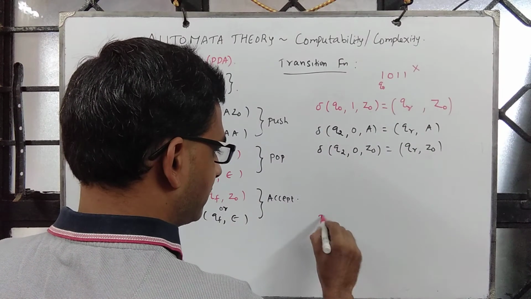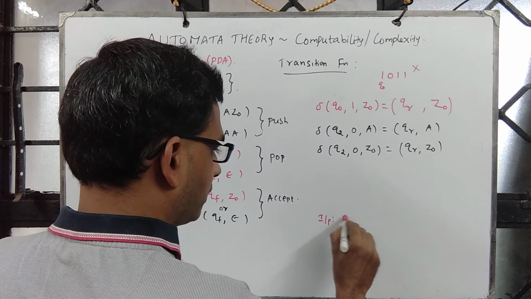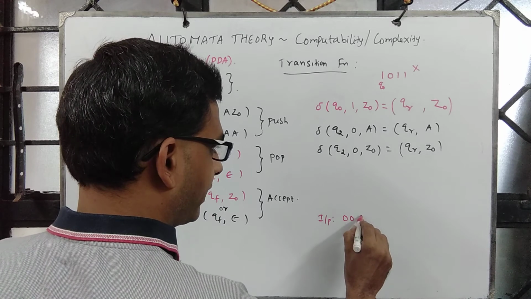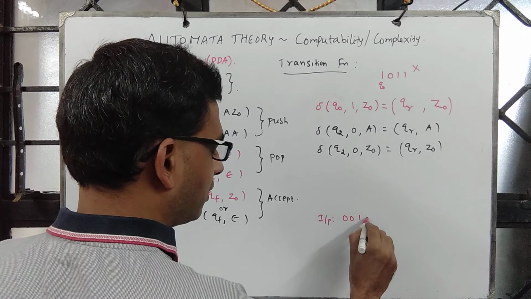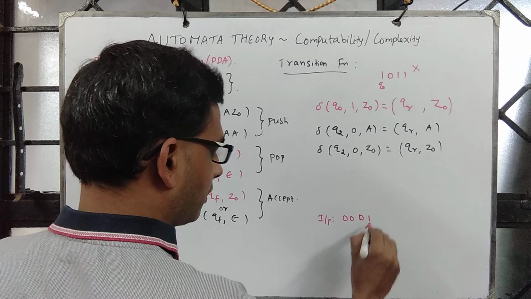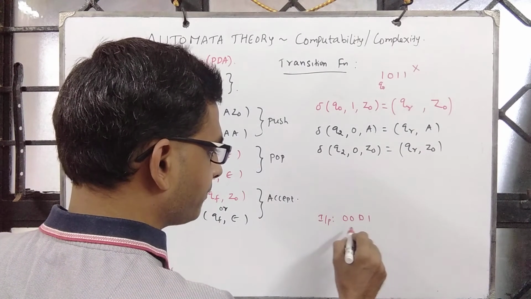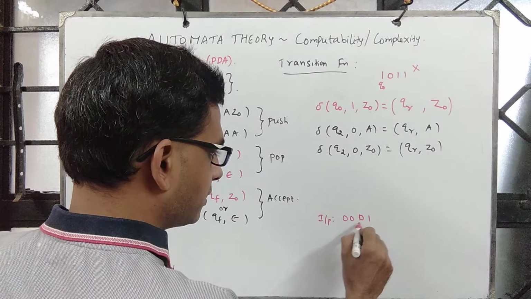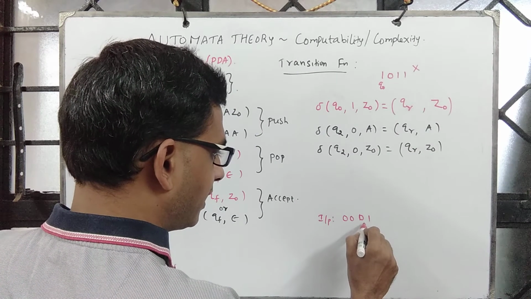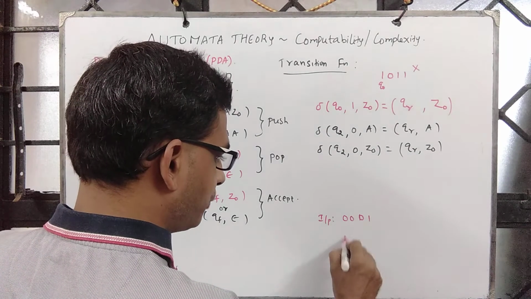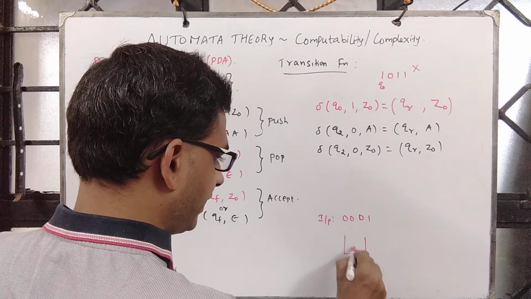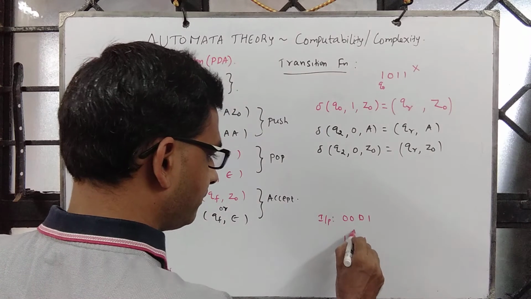Say 0 0 and 1. Let's assume 000 followed by 1. Now for this, you see that you have pushed 3 A's onto the stack.